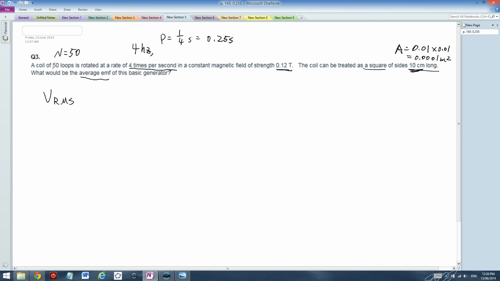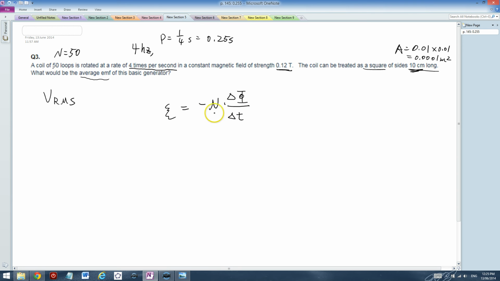What we do here is use Faraday and Lenz's law. The induced EMF is minus n times the rate of change of magnetic flux over time.